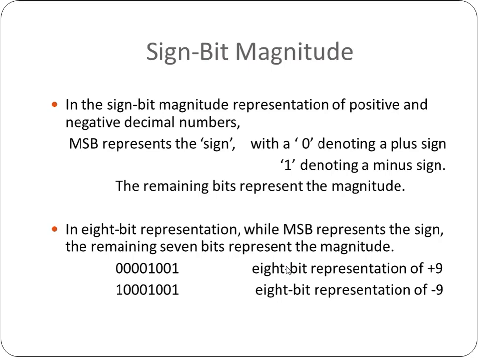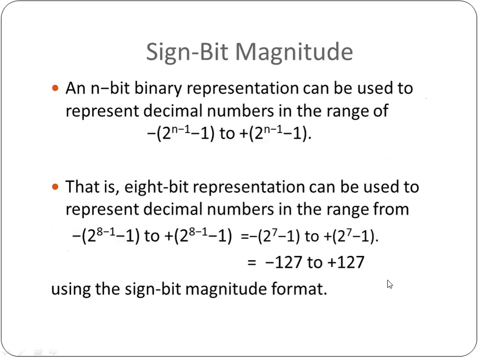If we have not used MSB for sign, then we have 256 values. So thus for 8-bit binary representation, we will get decimal representation of numbers from minus 127 to plus 127 using the sign bit magnitude format.